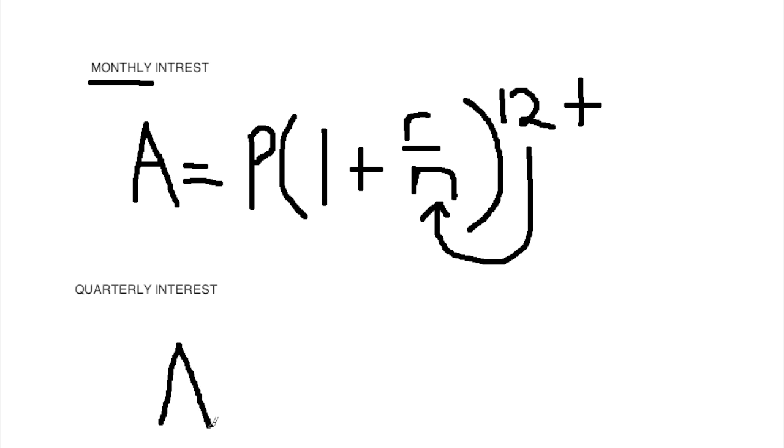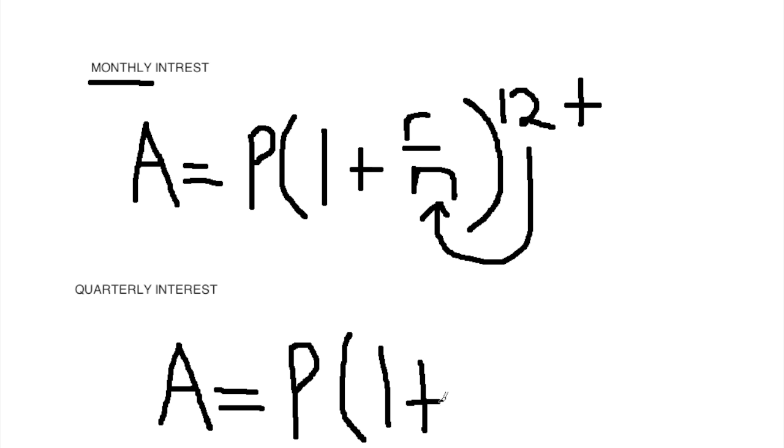For quarterly interest, you're doing the same thing, except now you're plugging in different numbers for N. A equals P, parenthesis, 1 plus R over N, close parenthesis, to the power of 4T.